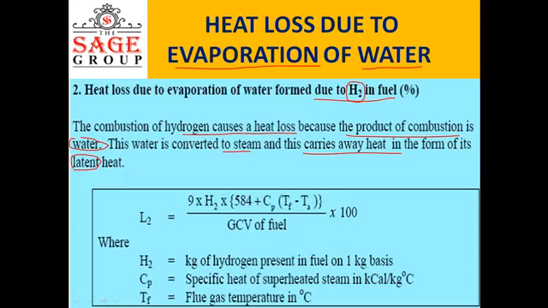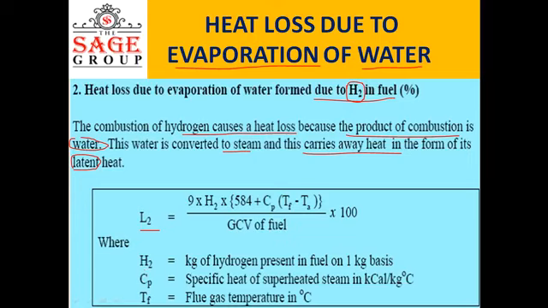Then this is the second loss, considered as L2, and it is given by this formula: L2 equals 9 into H2 into 584 plus Cp into Tf minus Ta, upon GCV of fuel, into 100. GCV is actually the gross calorific value of fuel.